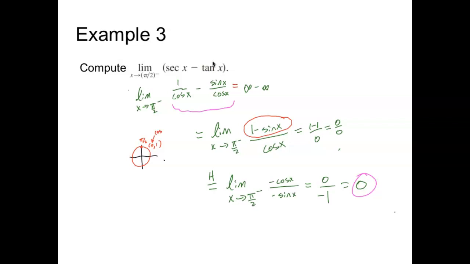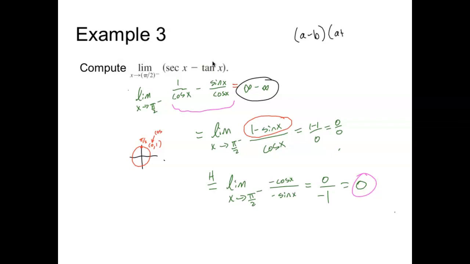I want to mention the other option you have, if it's not trig that you're dealing with and you end up with an indeterminate form of infinity minus infinity. One way you can always make something into a fraction is by multiplying it by its conjugate. So let's say I have just a minus b.